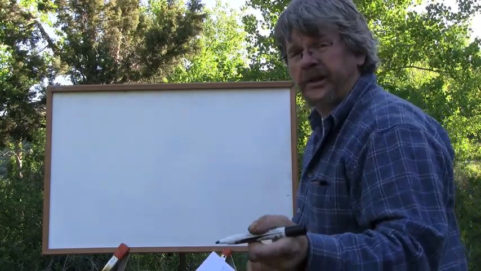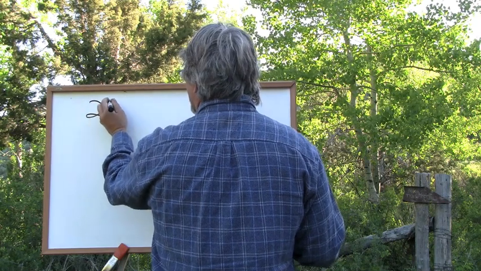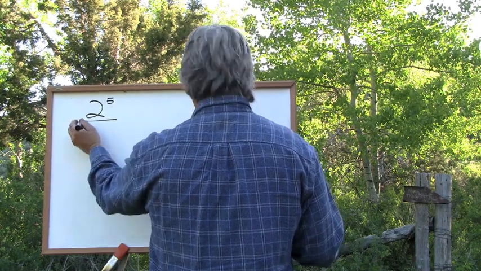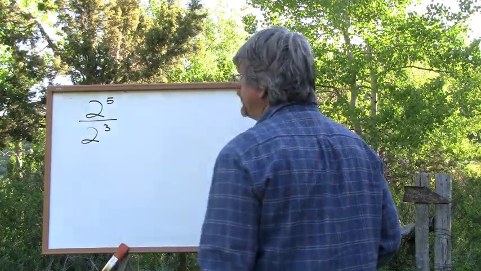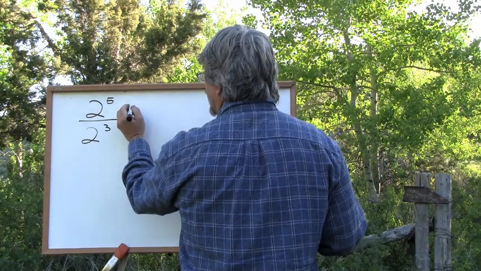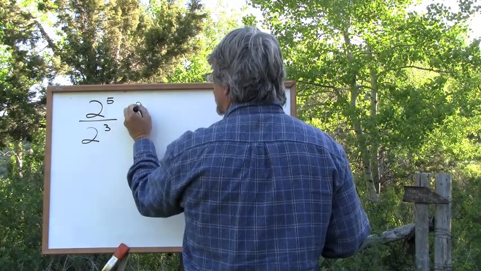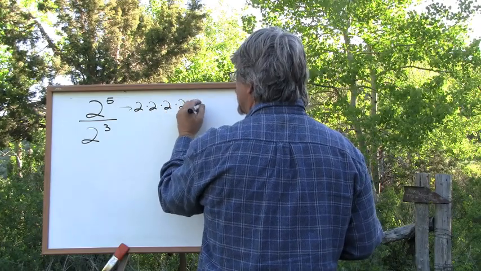And now we need to look at division. What if we have 2 to the 5th over 2 to the 3rd? Now this is saying this is 2 times 2 times 2 times 2 times 2.